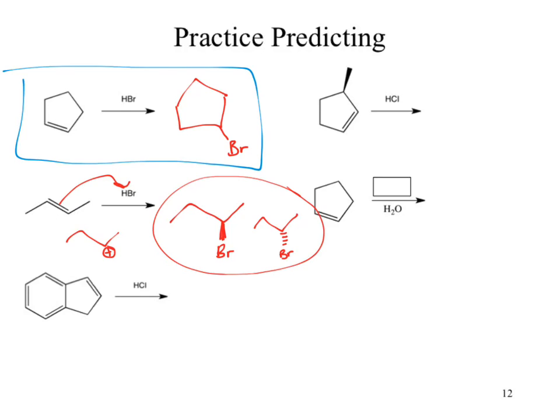It depends on what the question's asking. If the question is just looking for, hey, did you do an addition? Cool, you've got it. Okay. If it's looking like where they're showing wedges and dashes, you should pause and think about that. Your addition reactions, all of them have this issue of enantiomers potentially coming out of it. Okay. And that's all because of that carbocation possibility, at least within this section.